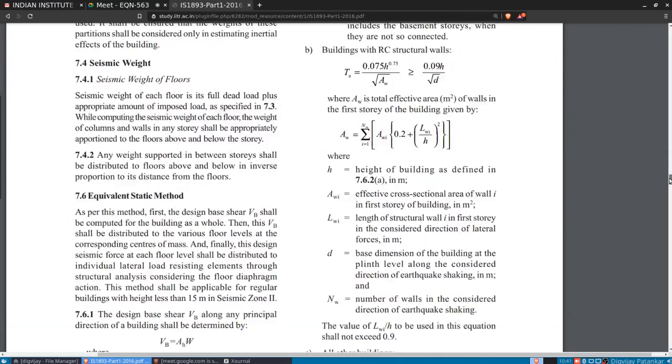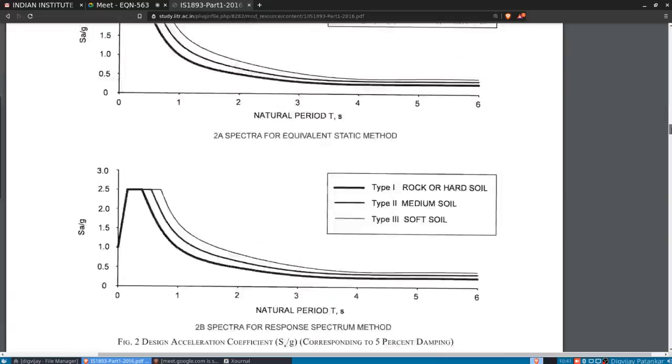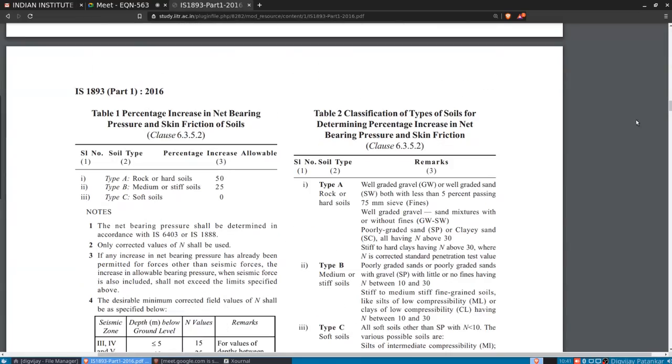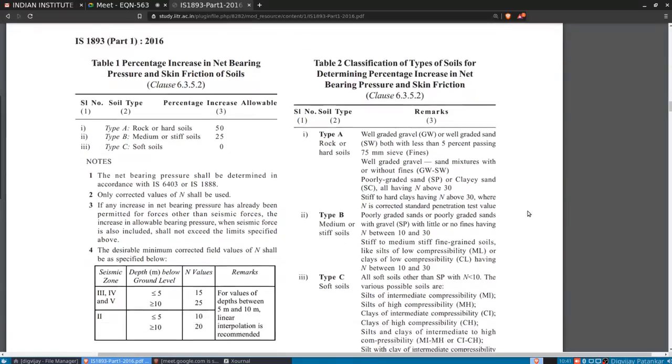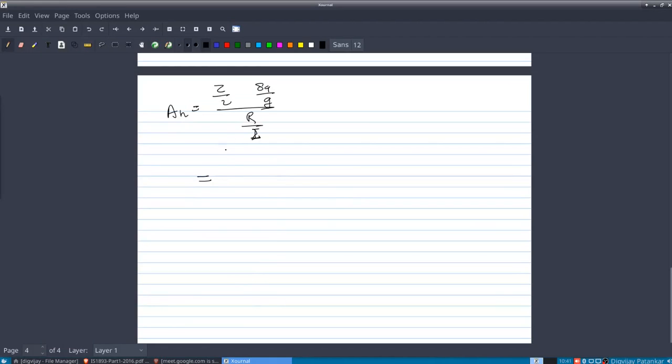Z is 0.1 for zone. Let me check one second here. Yeah, for zone 2, the Z is 0.1, correct. So this is 0.1 divided by 2.